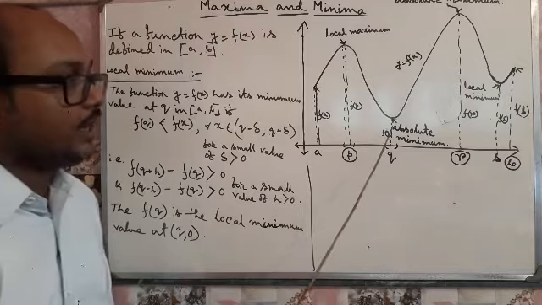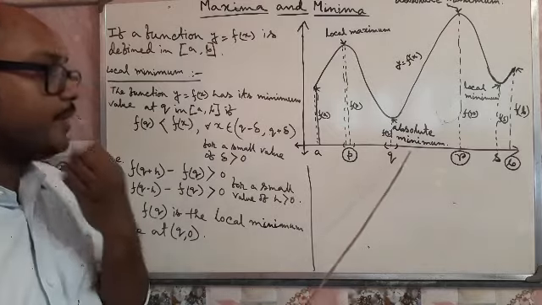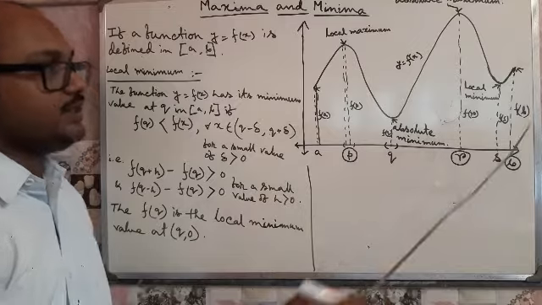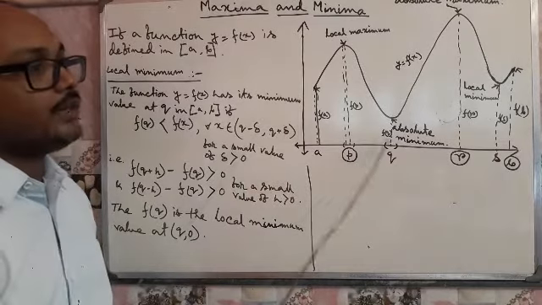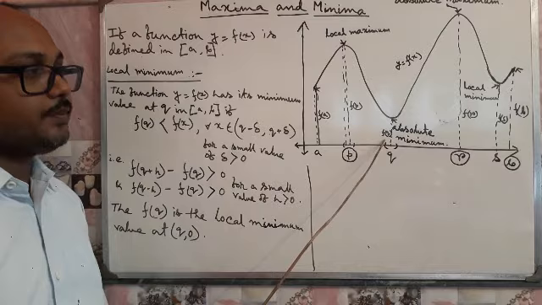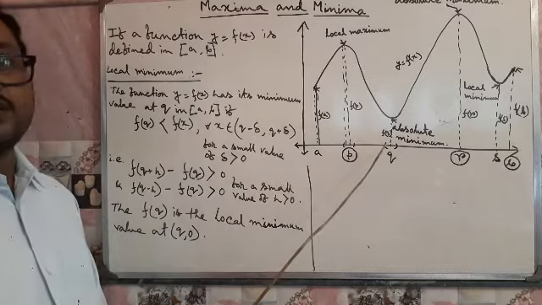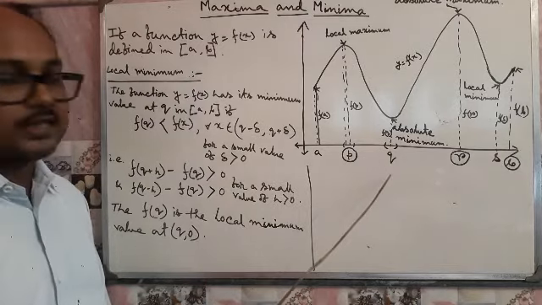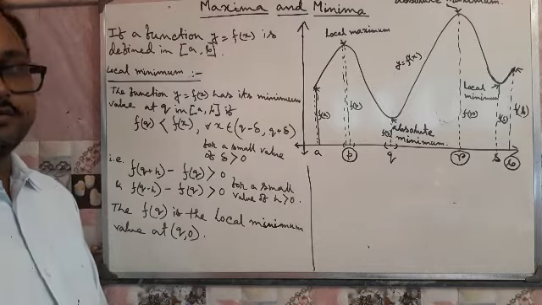That's why it is the absolute minimum. Absolute minimum means in this interval, for all functional values, the smallest value of the function, that is f of q. That's why f of q is known as the absolute minimum value, which occurs at the point q.